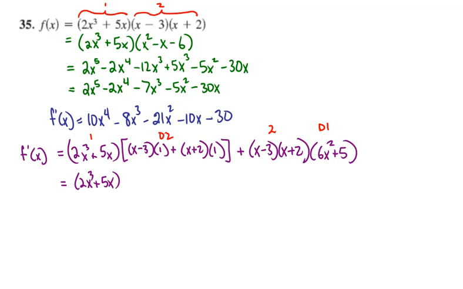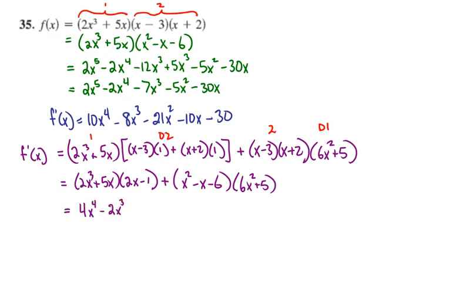And on the other side, we're still going to need to multiply all that out. And fortunately, we multiplied earlier. So we know x minus 3 times x plus 2 is x squared minus x minus 6. And we're going to multiply that times 6x squared plus 5. So there's a lot of work going on here. Multiplying out the first 2 factors gives 4x to the 4th minus 2x cubed plus 10x squared minus 5x.